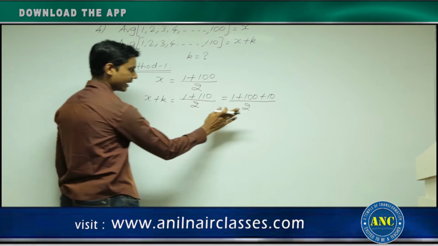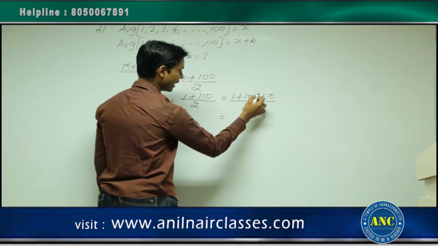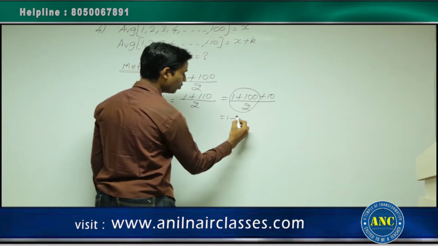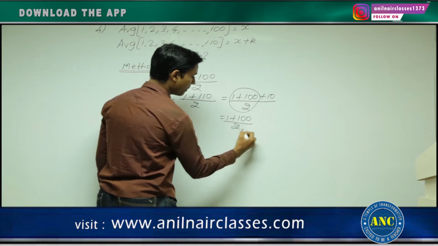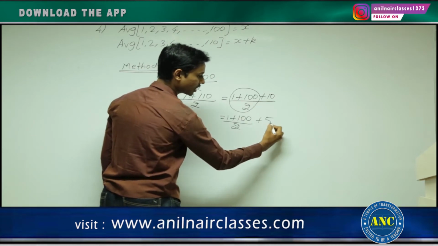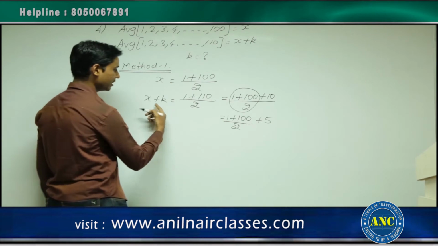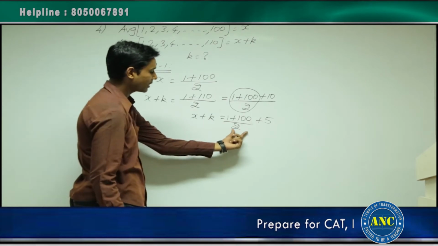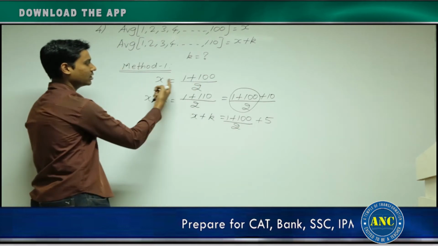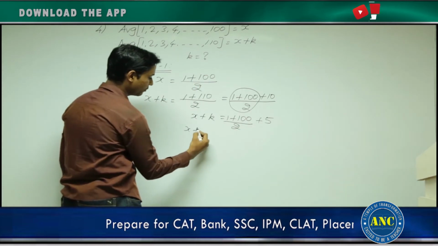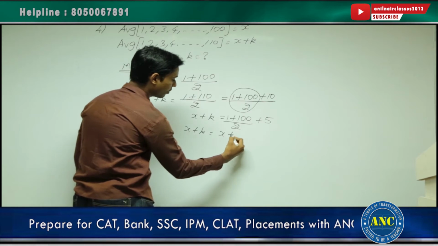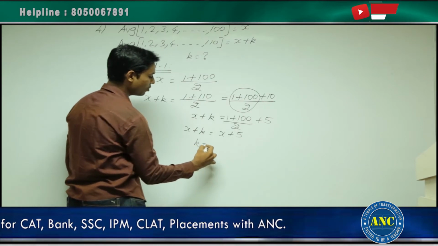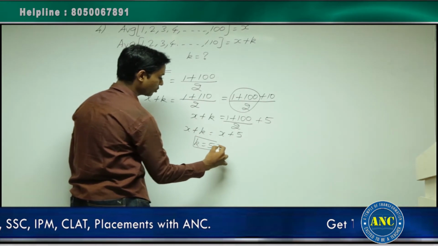That means I can split it as (1 plus 100) by 2 plus 10 by 2. 10 by 2 is nothing but 5, right? Now this is nothing but x plus k. What is (1 plus 100) by 2? It is nothing but x. So if I substitute it, x plus k is equal to x plus 5. What should be k value? k value is 5. Answer for this question is 5.